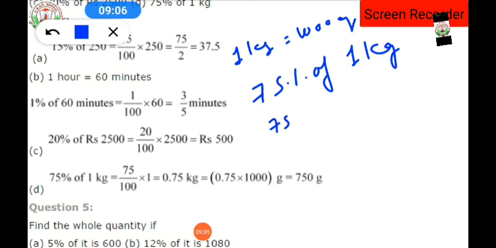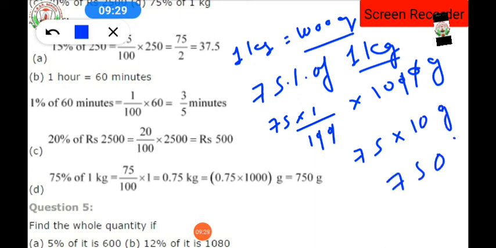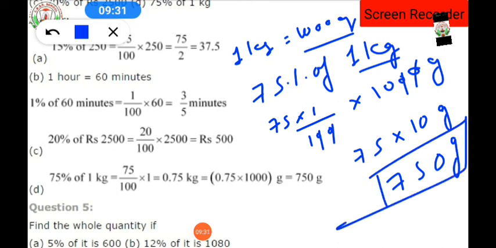So 75 into 1 upon 100 into 1000 gram. Here 75 into 1 is 75, 2 zeros from the numerator and denominator get cancelled, so 75 into 10 gram. So the answer becomes 750 grams. So this is the required answer.